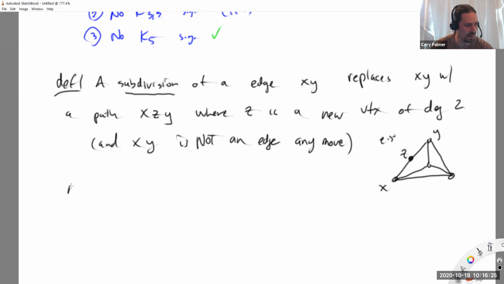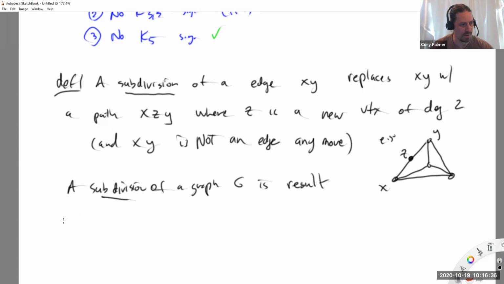So let's say a subdivision of a graph G is the result of any number of subdivisions of edges. I won't say of G, because when you subdivide you get a new graph, and then you subdivide that graph, and you get a new graph. It's just a series of graphs.